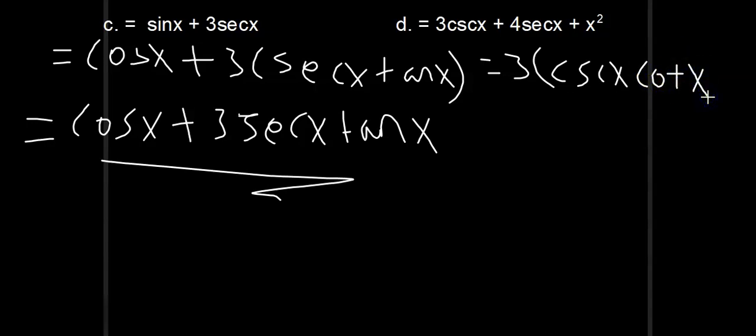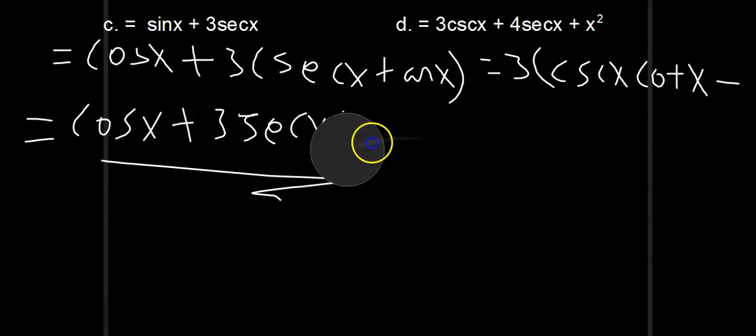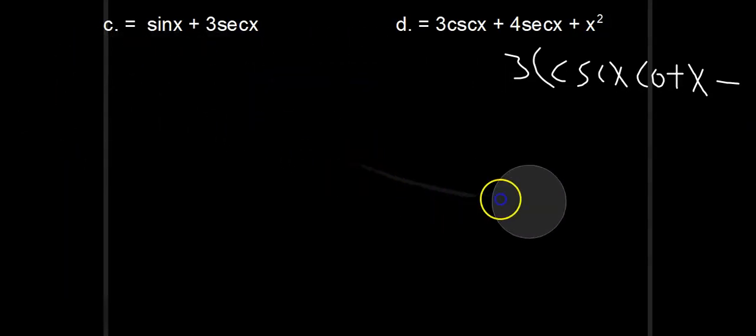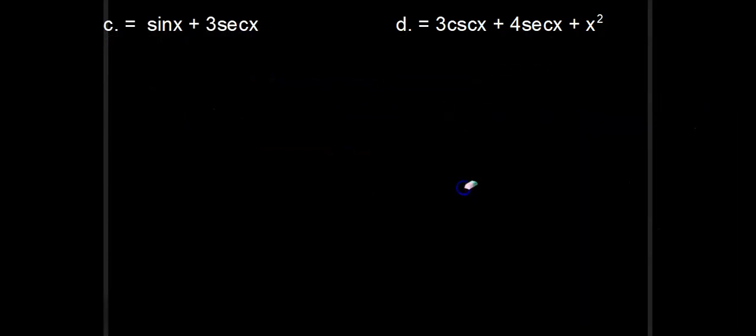I'm running out of space, so let me erase this and rewrite the whole thing. When you differentiate this whole thing, you're going to get 3 times cos x.